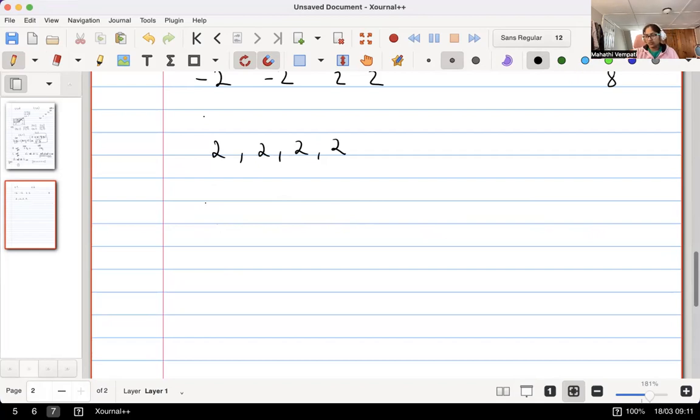All zeros is good. 2222 is good because it's a nice number whose sum is the same as its product.